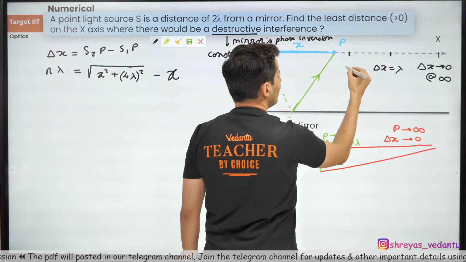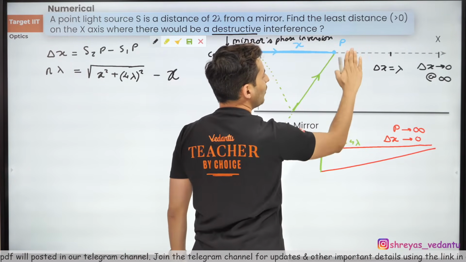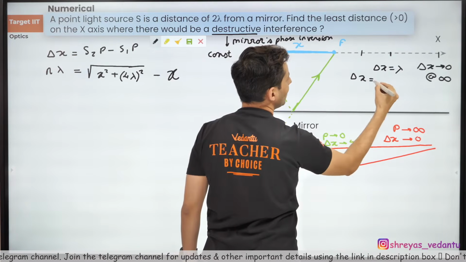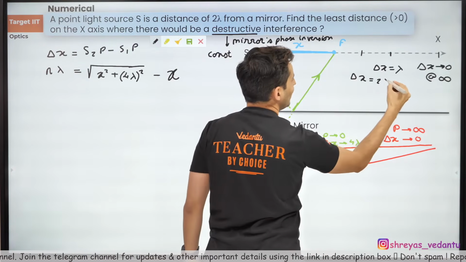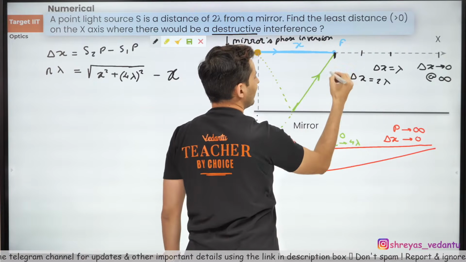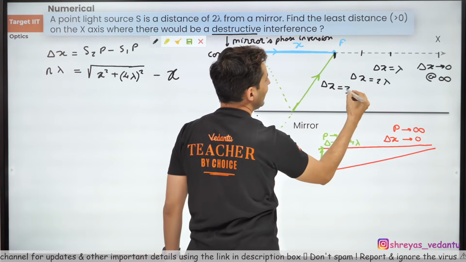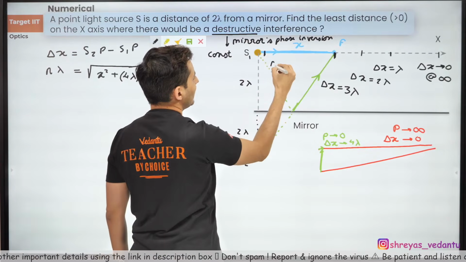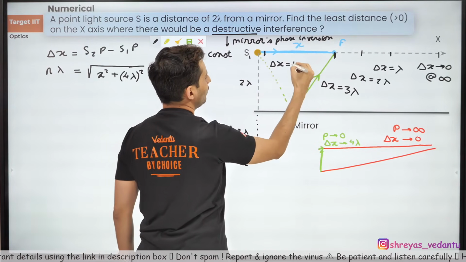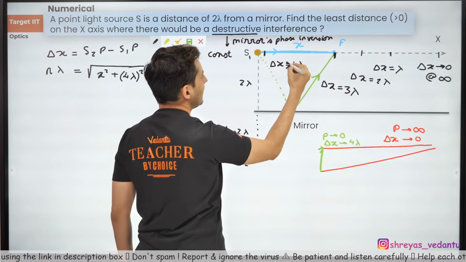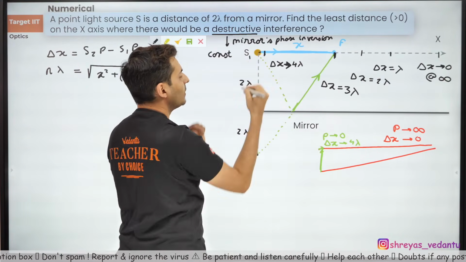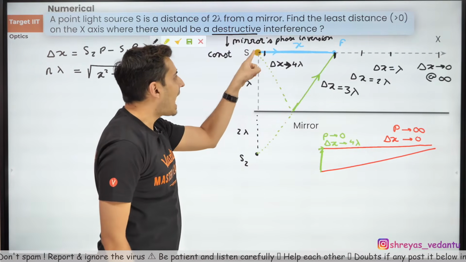Somewhere, delta x will be 2 lambda. Somewhere, delta x will be 3 lambda. And 4 lambda, it will be here. So delta x will be tending towards 4 lambda. It will be exactly 4 lambda only at that point.